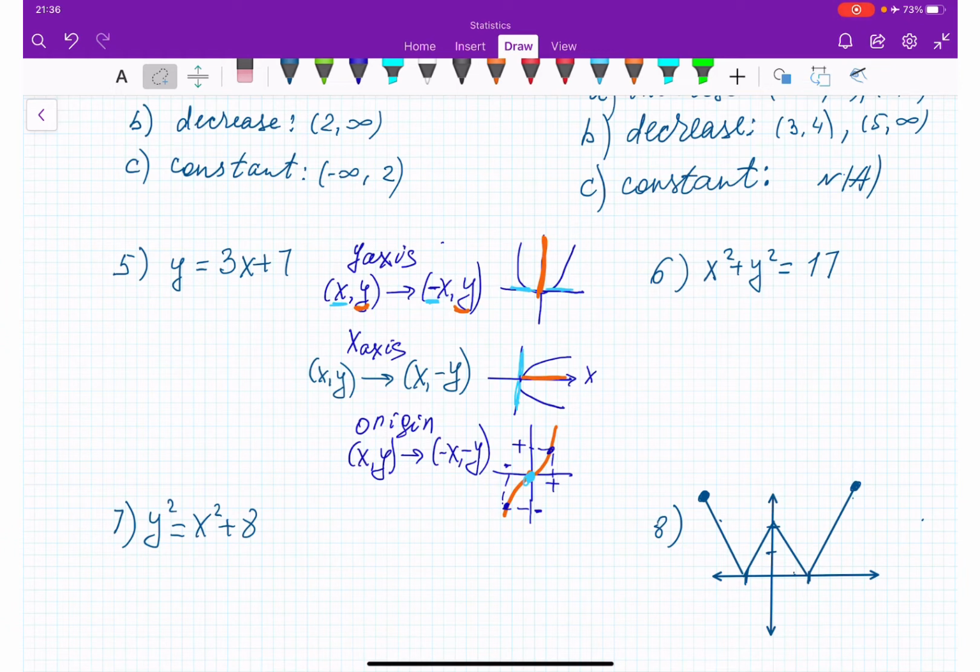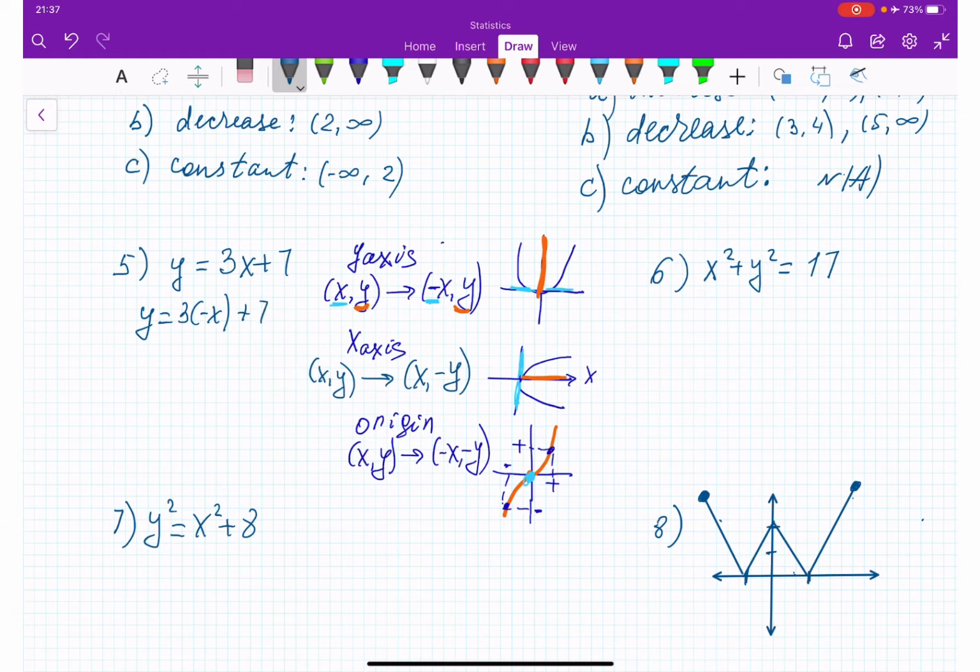Let's check it. How are we going to find out? The following way. I have x and y. Let's plug in negative x. If I plug in negative x, I want to see if I get the same y or not. So y is equal to 3 times negative x plus 7.